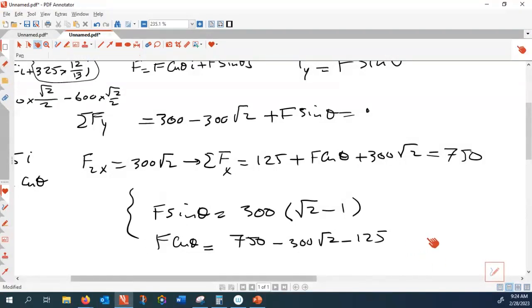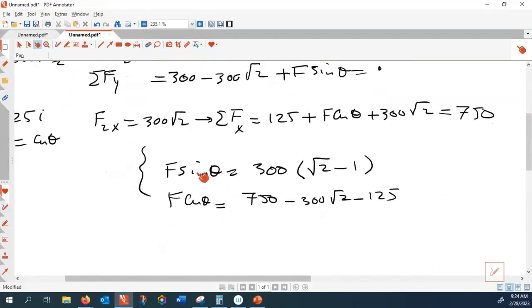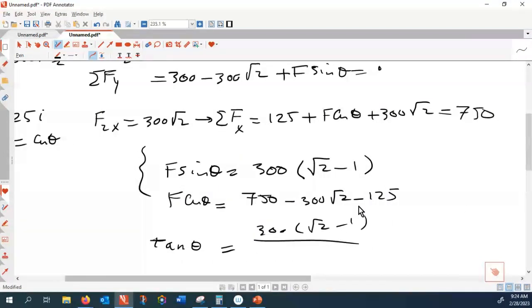So I rewrote the equations, and here let me divide left hand side together. That would cancel f, so you'll get tan theta is equal to 300 root 2 minus 1 divided by whatever outcome is, 750.